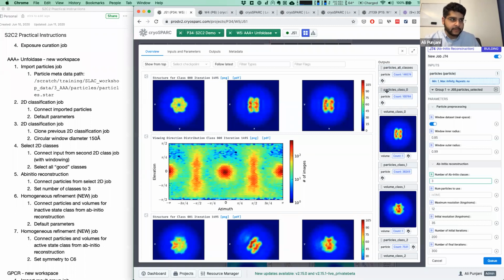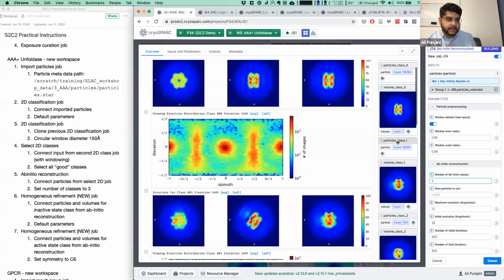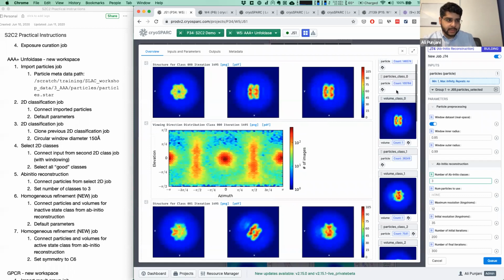So particles that fell into class 0 with the highest probability at the end of the optimization come out in this particles class 0 output. Volume class 0, likewise, is the 3D structure resolved for class number 0. Likewise, particles class 1 are the particles that went into volume class 1, and these particles are a disjoint subset. So each particle at the end of the day is put into one bin.